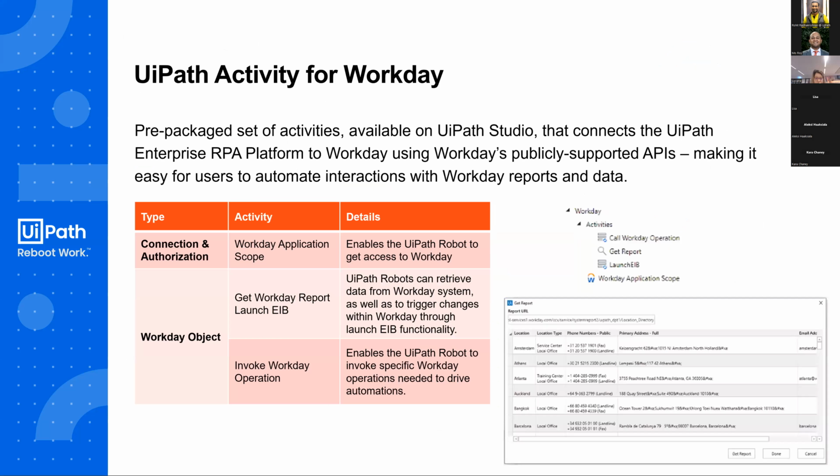There's that standard connection authorization step where we always recommend using integration system user accounts or something like that based on your Workday governance. But you could also use a user account just for testing and evaluation if you'd like. Basically, once you're authenticated, you've got access to the Get Workday Report, the Launch EIB, and the Invoke Workday Operation activities, with wizards for each one. I'll show an example of at least a couple of them as we're walking through demos today. That's really the meat of the integration that we're going to talk about today, but then I'll also touch on Extend.